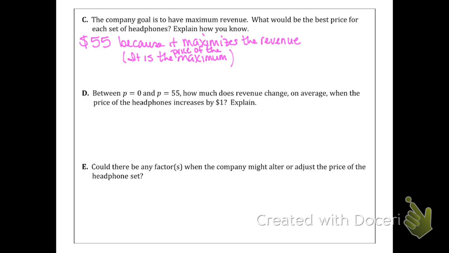All right, D says between P equals 0 and P equals 55, how much does revenue change on average when the price of the headphones increases by $1? All right, so we're looking for P equals 0 and P equals 55. So, we want that average rate of change. So we know that X1 is 0, and we know that P of 0 was 0.